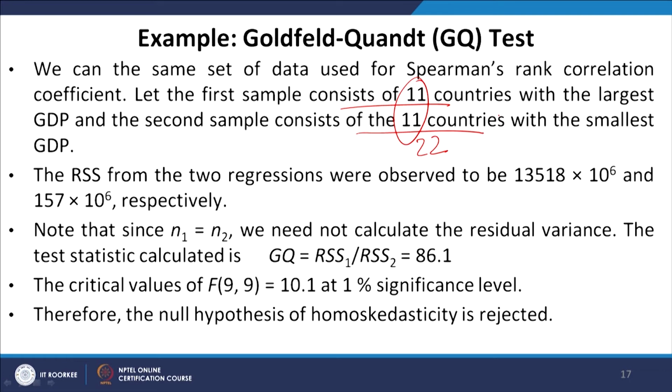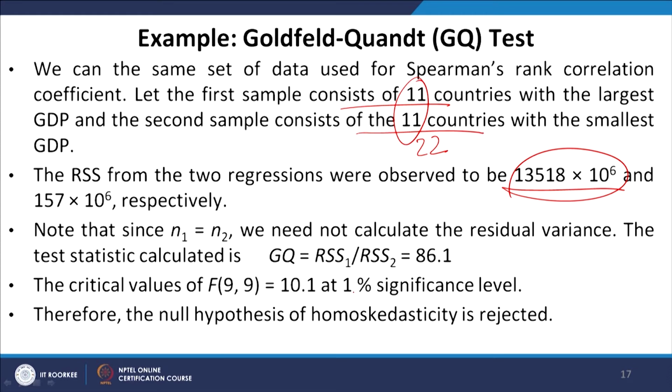The RSS from the two regressions are observed to be 13518 multiplied by 10 raised to the power 6 and 157 multiplied by 10 raised to the power 6 respectively. Note that since n1 is equal to n2, we need not calculate the residual variance, because residual variances are simply RSS divided by n1 minus k, RSS divided by n2 minus k.